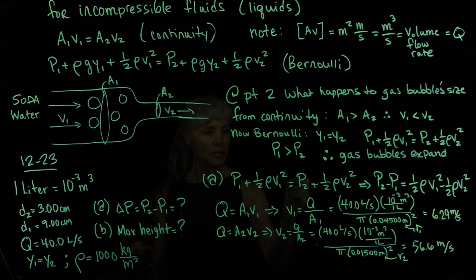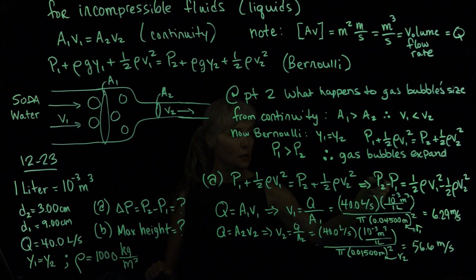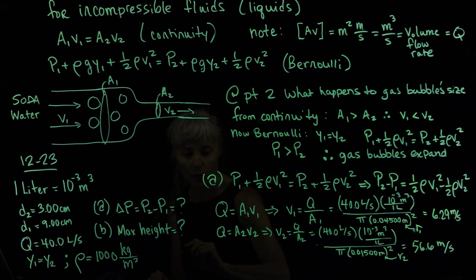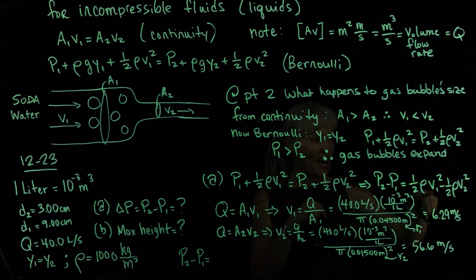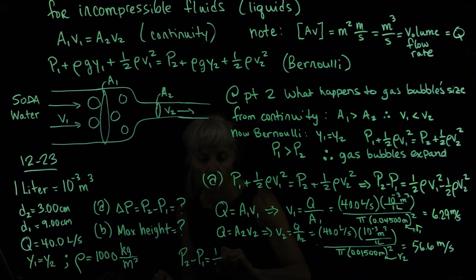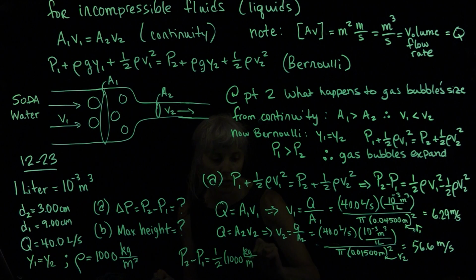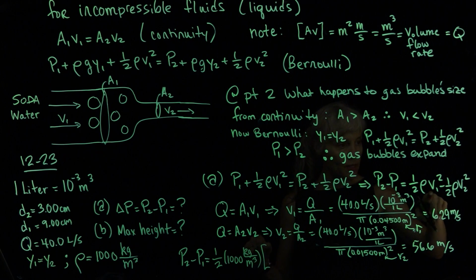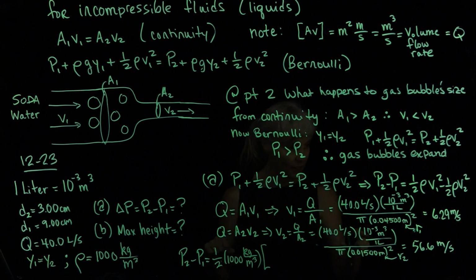And so now taking our equation P2 minus P1, we can write then P2 minus P1 is equal to, notice that the 1/2 rho is in common for both of those terms, so let's pull it out. 1/2 rho is 1,000 kilograms per meter cubed. And now we're going to multiply by V1 squared minus V2 squared, which is what's going to be left in the parentheses.